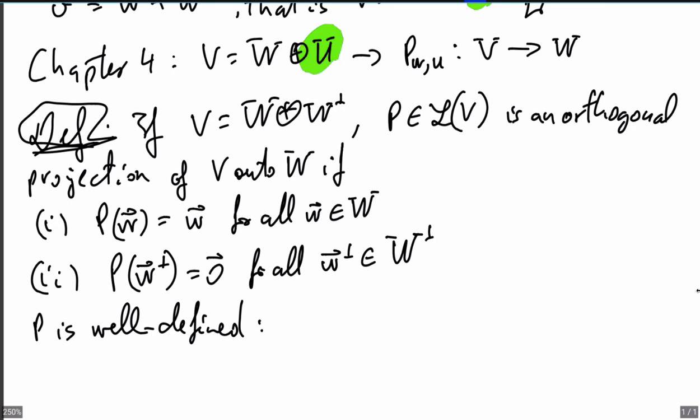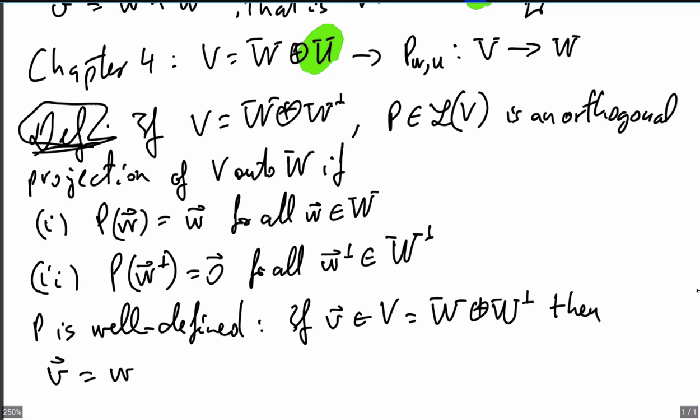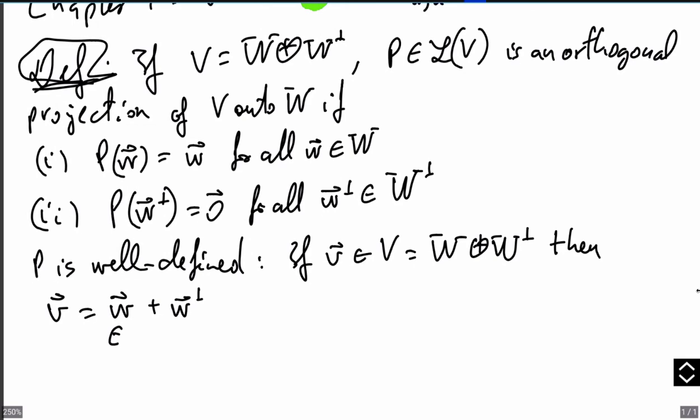We can see that P is well defined. By this, we mean that if v is an element of the vector space V, which is the direct sum of the W and W perp subspaces, then v equals w plus w perp for some w from the W space and w perp from the W perp space.